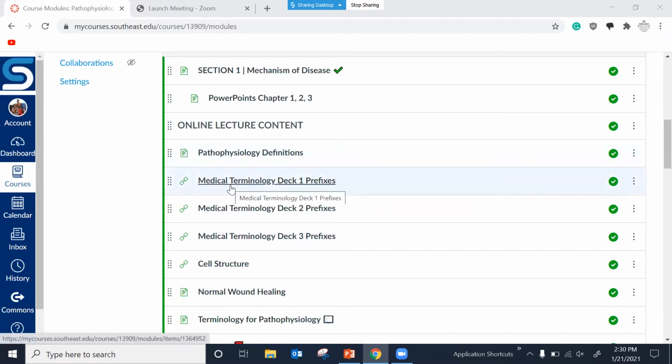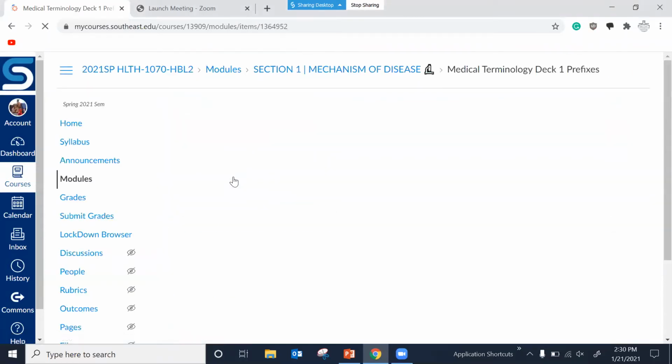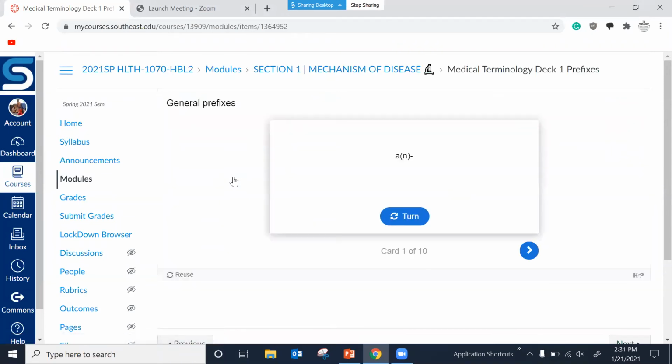But that's the way to study for that one question: these 3 med term decks here. This is under the section 1 module. These are like little flashcards somebody made. So I'd encourage you to click through these at least once or twice. And if you don't know what some of the words mean, make a note of that.